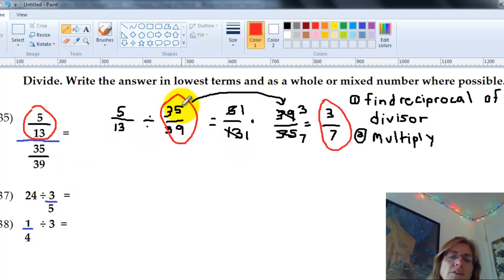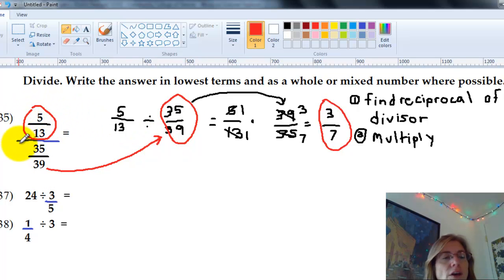Alright, this is the divisor that I circled in red coming from the bottom of the fraction. This that I circled in red is the dividend on top of the fraction line that goes here. Okay, so on this next problem we have the whole number and a whole number down here. So we're going to do what we always do with whole numbers and make them into fractions.